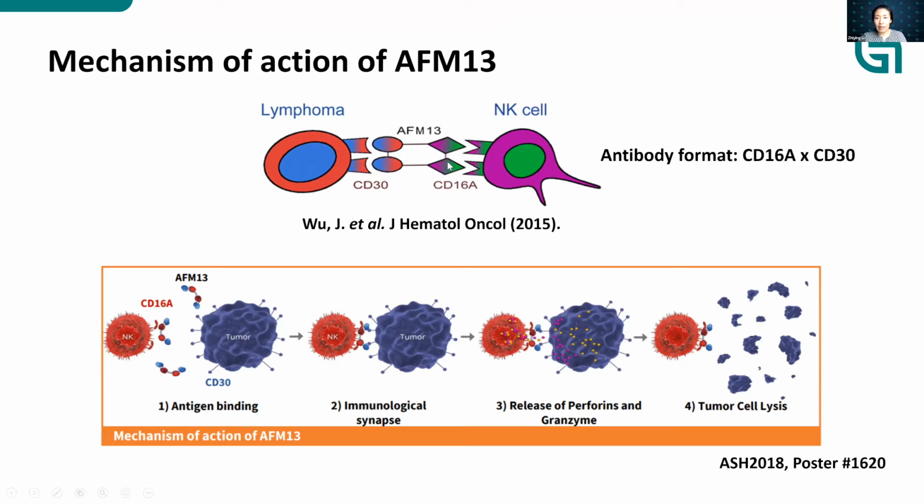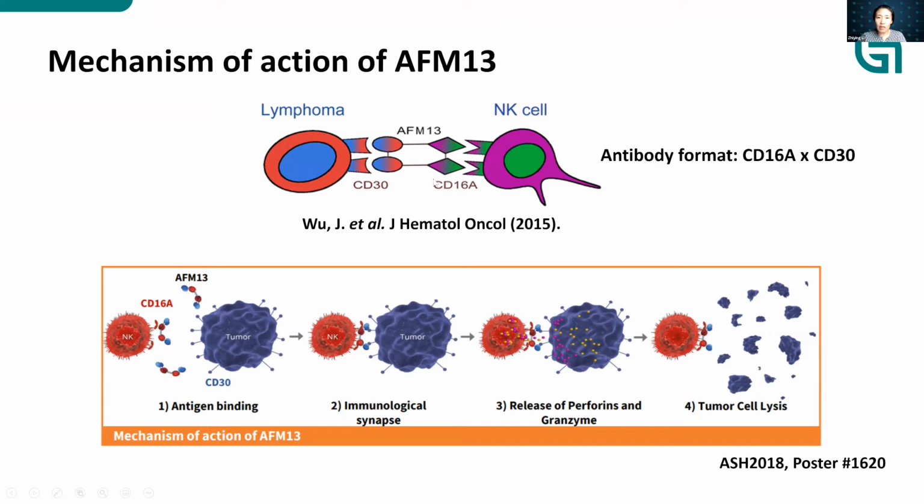The other side is an epitope, the Fab, that is recognizing the CD16A on the NK cells. This is quite unique in the sense that CD16A is an FcγR receptor, in particular FcγRIIIA in the human population.